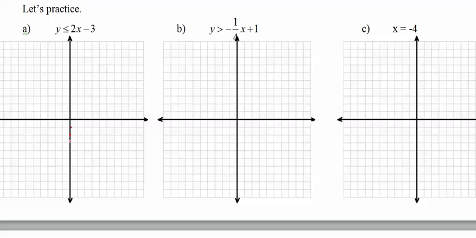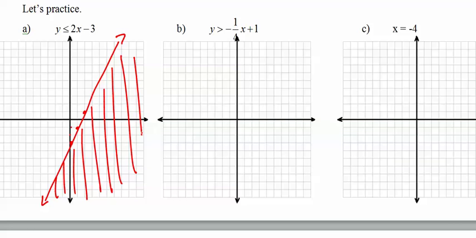Down 3, up 2 over 1. Less than or equal to negative 1/4 x plus 1. Let me check 0.